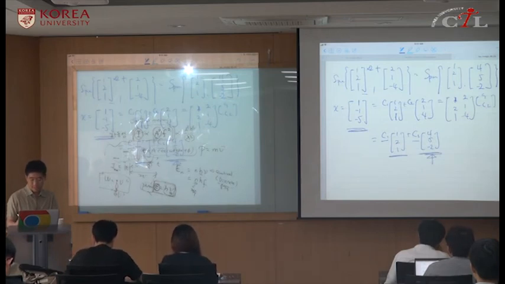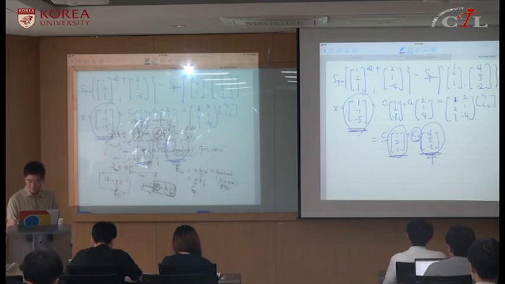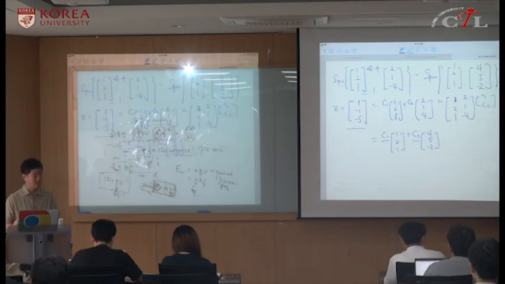And when finding C2, it only involves this vector and the input vector, and that's it. You don't need this vector at all. Okay, so let me show how to find it.